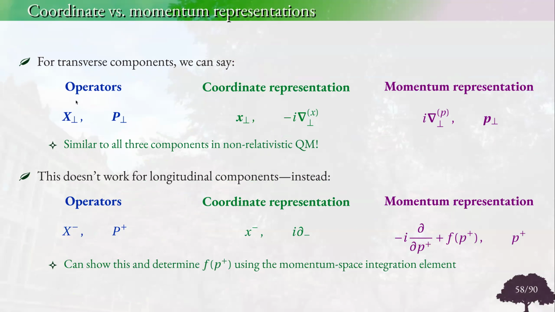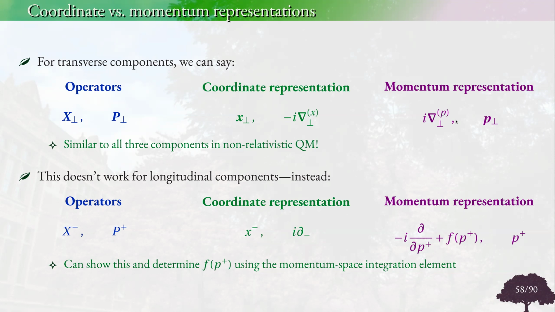So we have a collection of operators. We have transverse position and momentum operators, which we can cast into our coordinate representation, dealing with coordinate space wave functions. An operator in its own basis, of course, just becomes a C number. So your X perp becomes a C number, an ordinary commuting number, and your P perp becomes a minus i nabla, as usual.